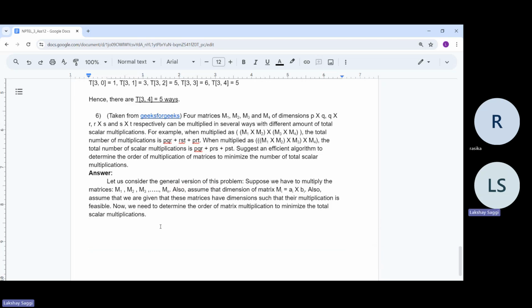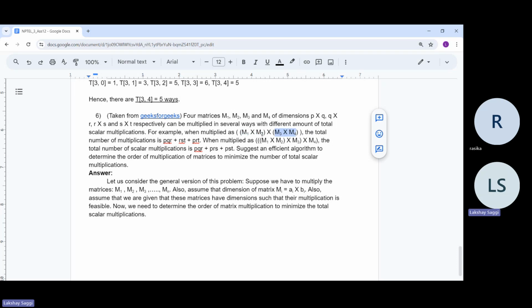Okay. So a very high level idea on how to view this problem is something like this. Let's look at some of these cases here, right? In this case, we first multiply M1 with M2. Similarly, we multiply M3 with M4. After this, we are left with just two matrices. One matrix is the product of M1 and M2. Second matrix is the product of M3 and M4.